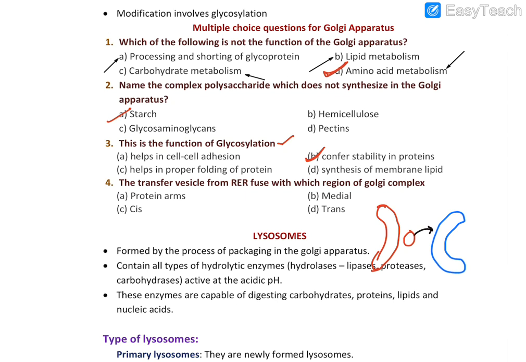That convex part we call the cis face, so the answer should be C. Then the region from which the vesicle is released, we call the trans face. Trans face is also called the maturation face, and the cis face is also called the forming face. So the right answer will be C.